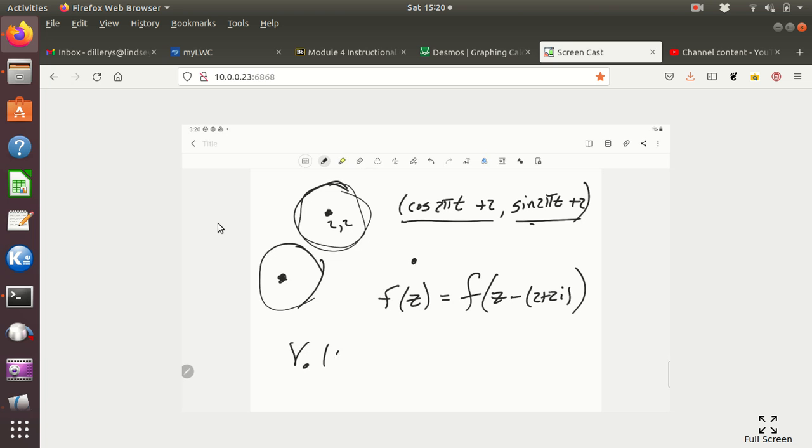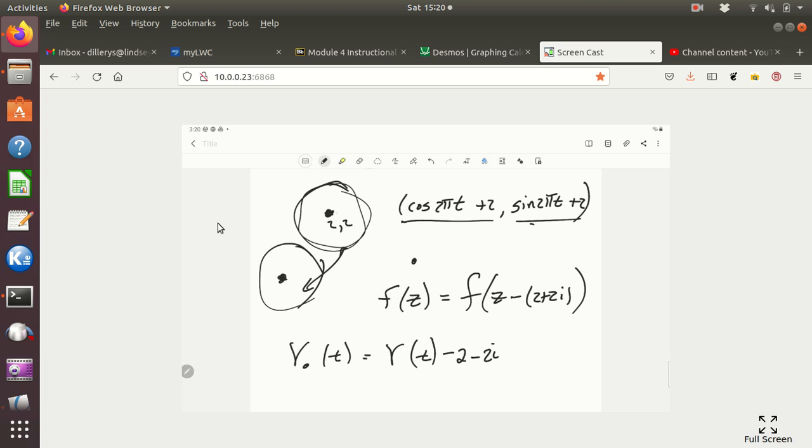Gamma 0 of t will just be gamma of t minus, actually no, you don't want that inside, do you? Gamma of t minus 2 minus 2i. And that will take all of these points back here.